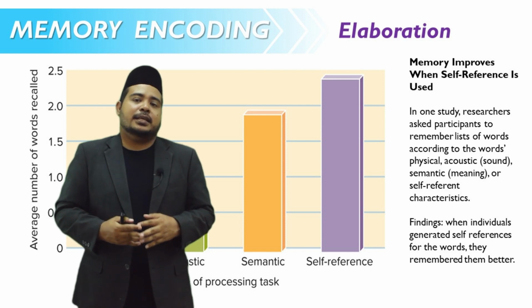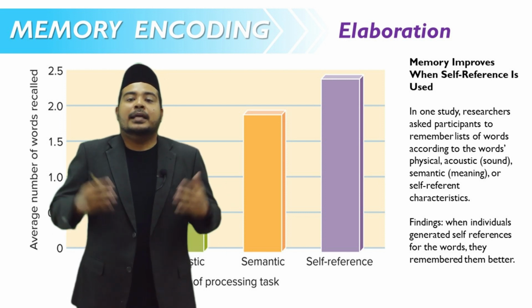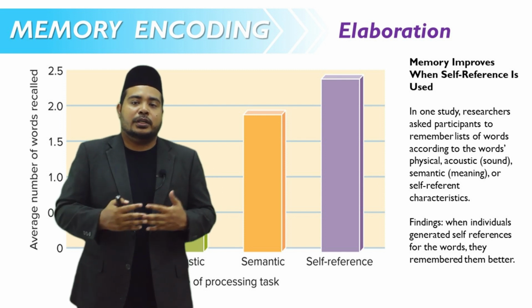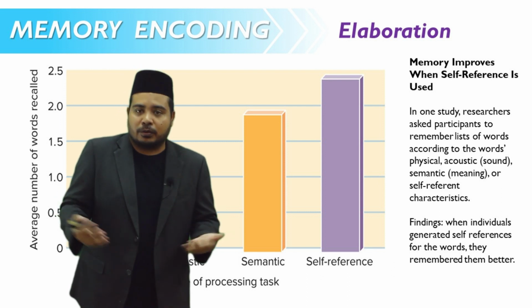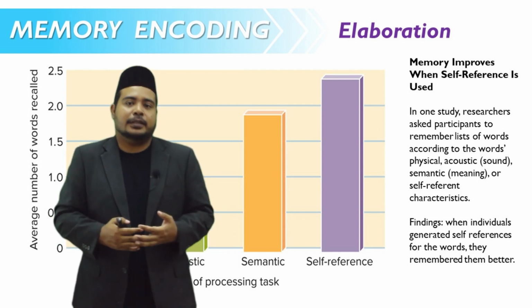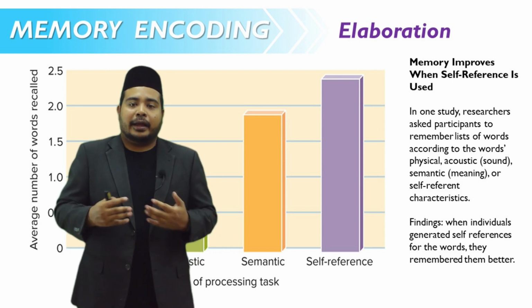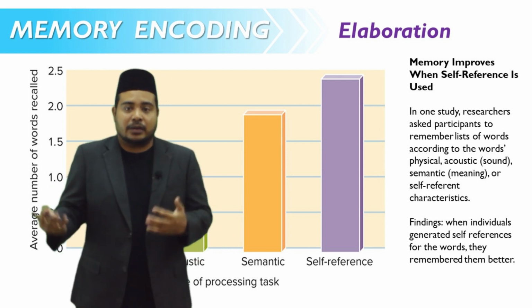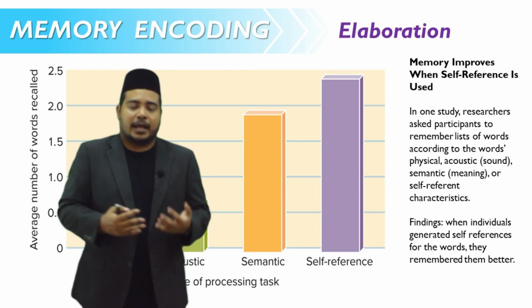In one study, researchers asked participants to remember lists of words according to the word's physical features, the shape, the color, the writing, the size, or acoustic, the sound, semantic, the meaning, or self-reference characteristics.